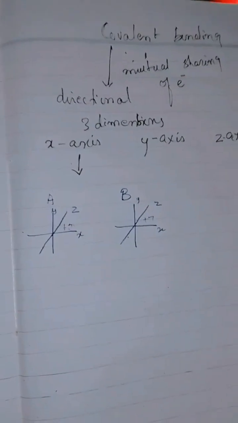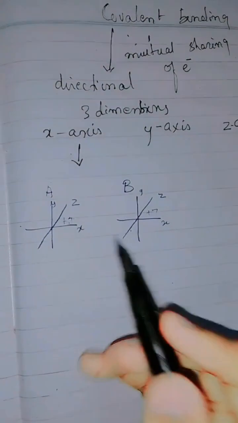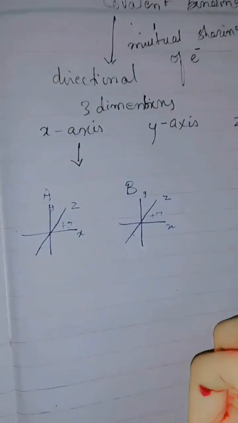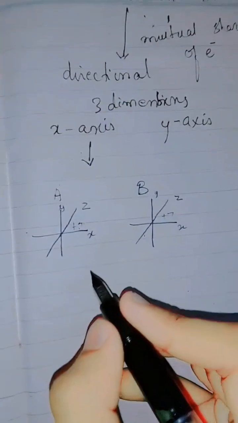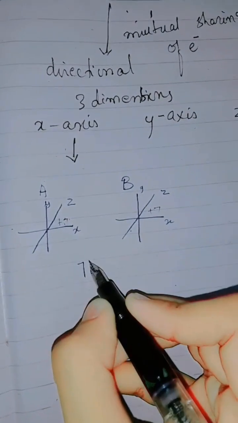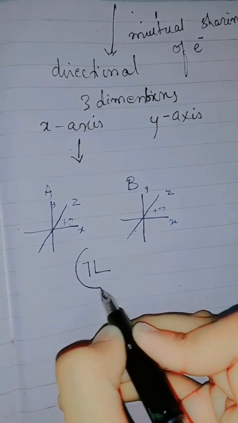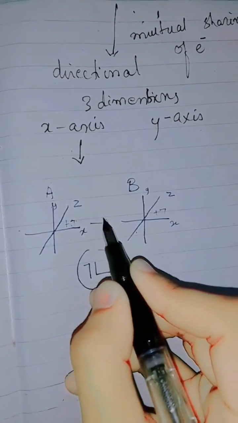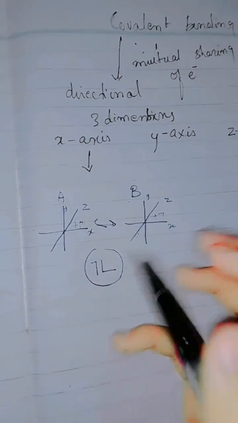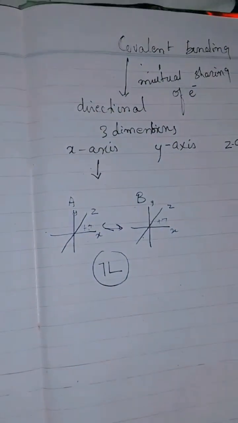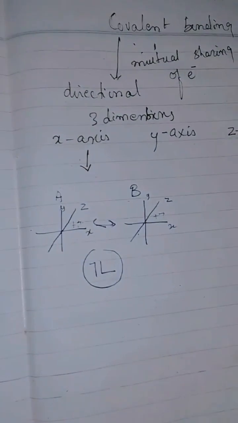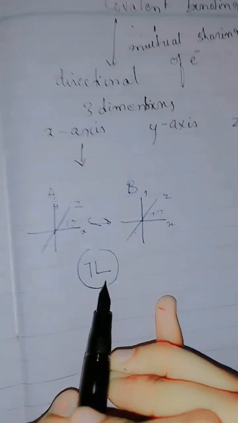As the repulsive force decreases, the electron will change its direction, meaning one will be clockwise and the second will be anti-clockwise.